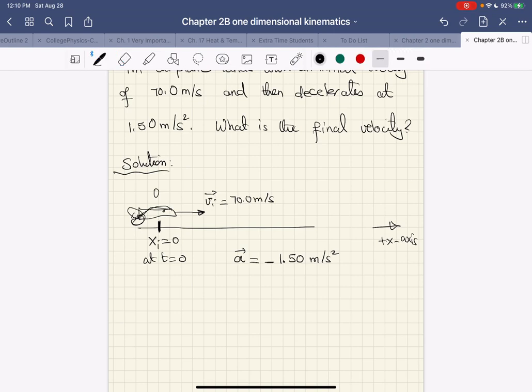And then finally it's going to stop, but we are not looking for that. After 40 seconds, finally it will stop, but here the question is asking you if t is 40 seconds, we are going to find what is the final velocity.